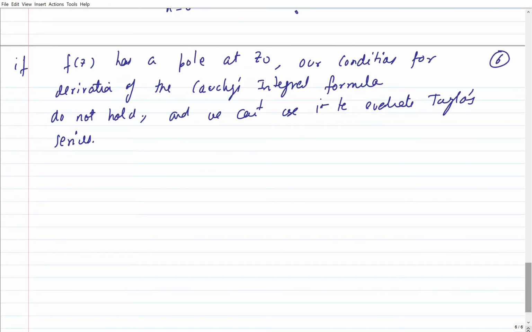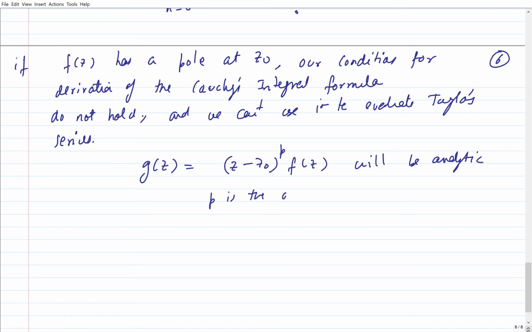But in our next class we are going to see that we've already seen that a function g(z), expressed as (z minus z0) to the power of p times f(z), where z0 was the location of the pole and p is the order of the pole, will be analytic.